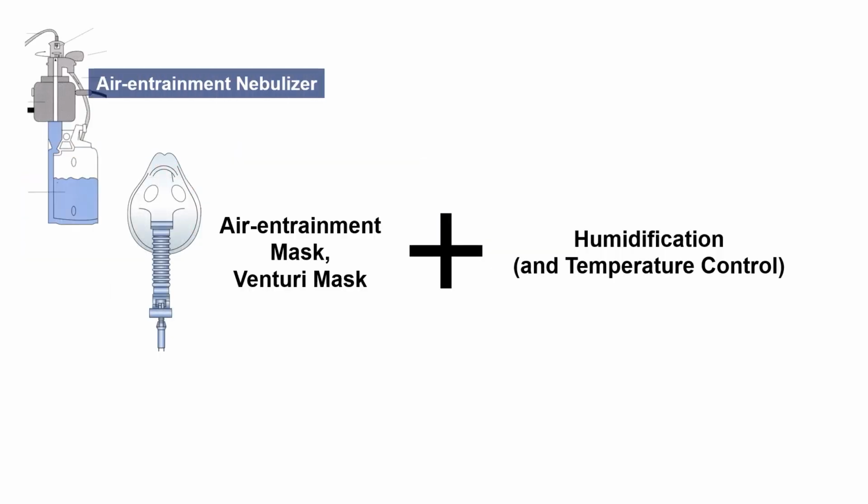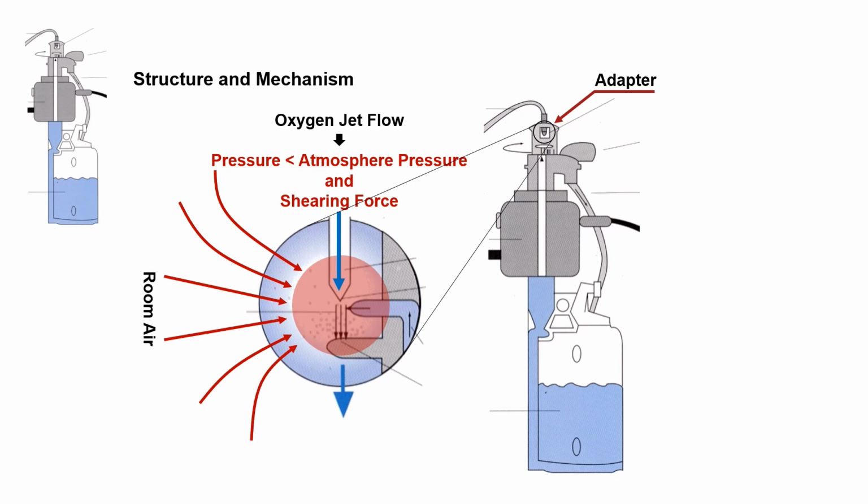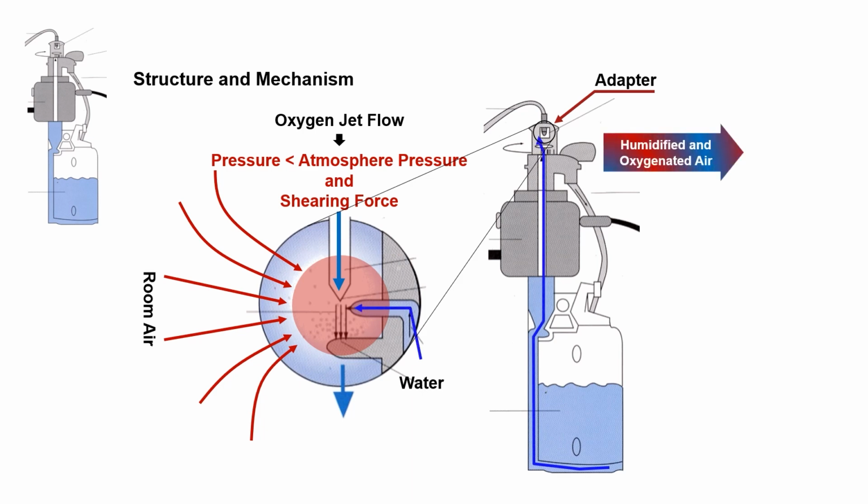The Air-entrainment nebulizer is a device that combines humidification and temperature control functions with a Venturi mask. Just like the Venturi mask, oxygen is supplied as a jet flow through the nozzle on top of the adapter, which reduces the surrounding pressure and allows room air to be entrained. Furthermore, as the pressure around the adapter's entrainment port decreases below atmospheric pressure, water rises from the bottle below and is nebulized.